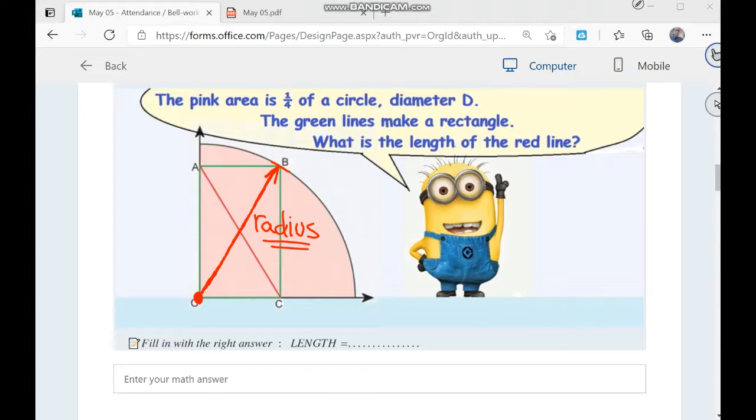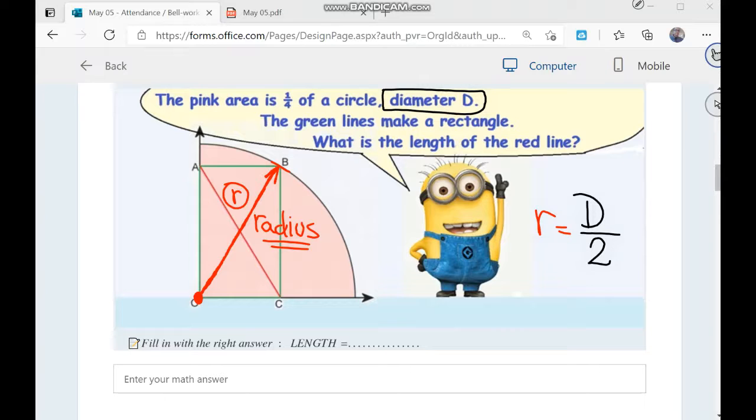Agree? You can say R, radius R. What is the value of the radius if you compare with the diameter? The radius is the diameter divided by 2.